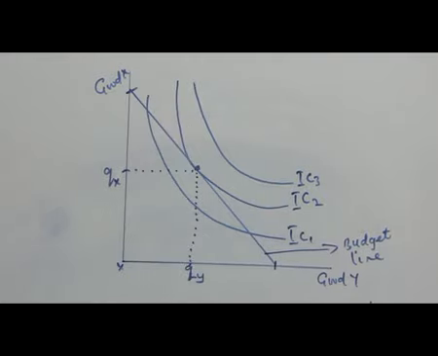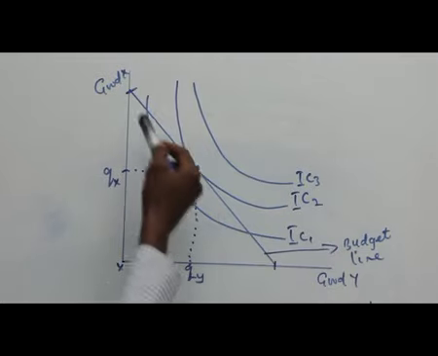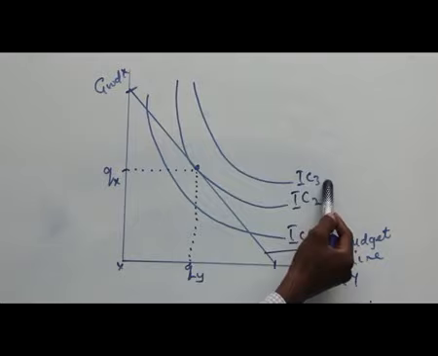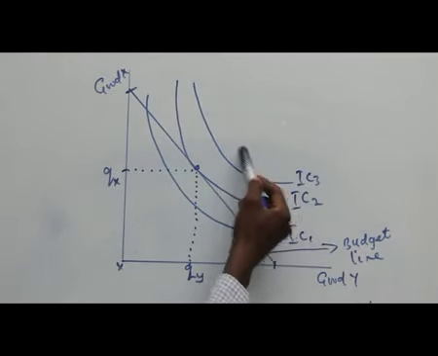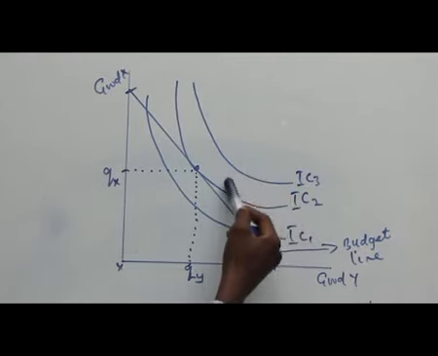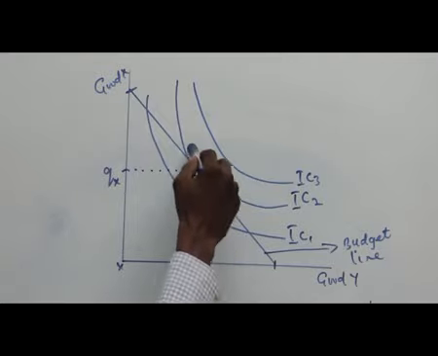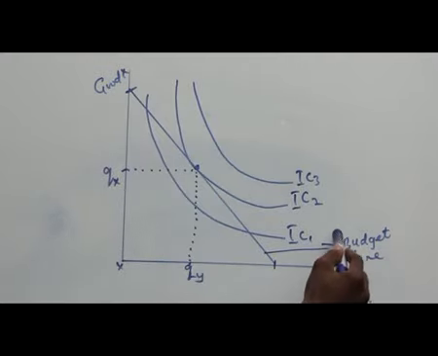But when we look at the budget line, it touches indifference curve 2. Why? Because of the income of the consumer as well as the fixed prices of the two commodities. So the consumer cannot attain this because the income, or the prices, cannot allow the consumer to attain it. So where the consumer can have equilibrium is where the indifference curve touches the budget line.